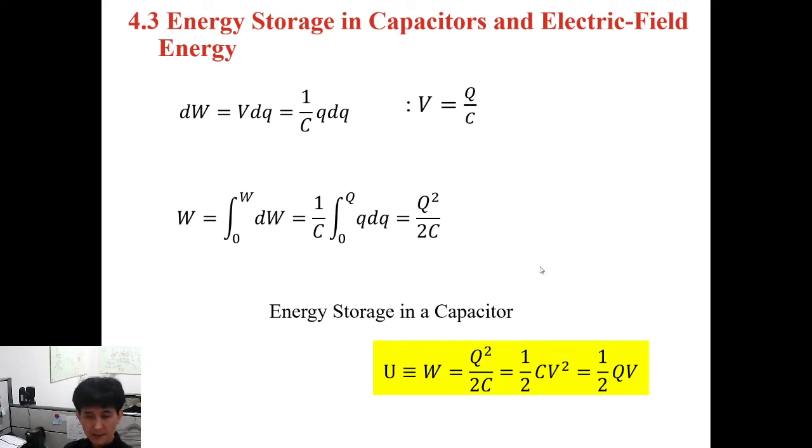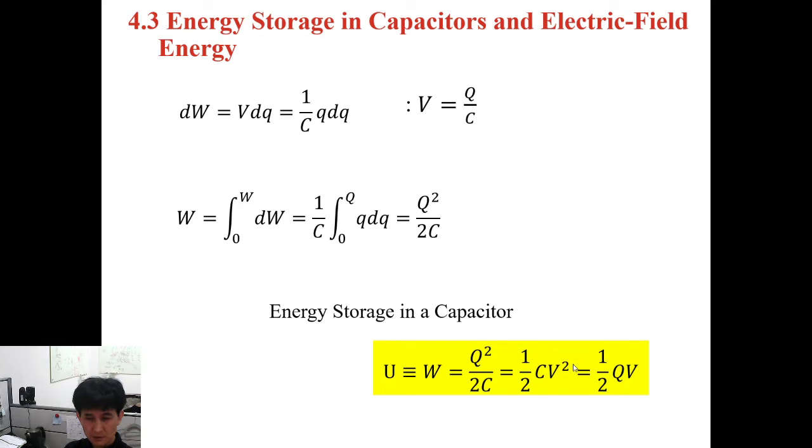As the voltage is Q divided by C, Q can be replaced with C times V. So instead of Q squared, we put C squared times V squared, and C cancels and we have C times V squared.